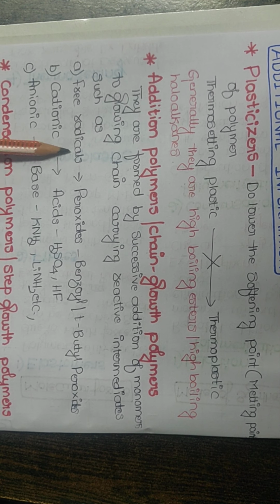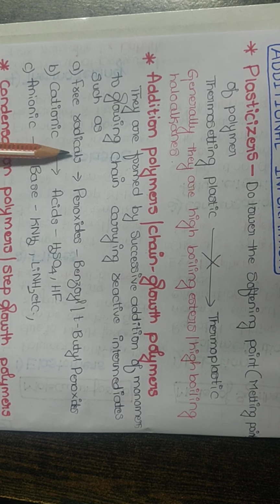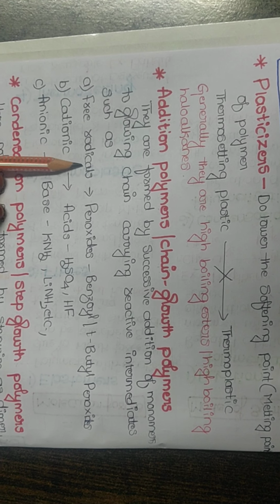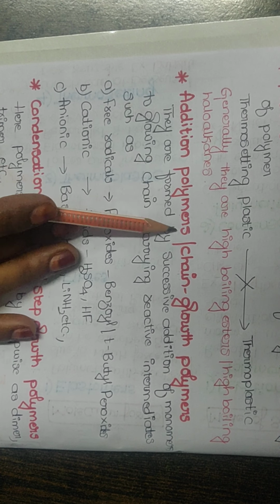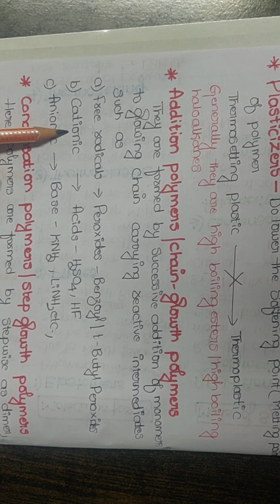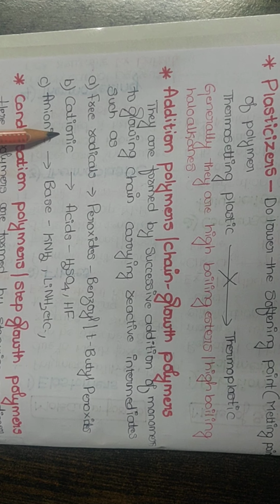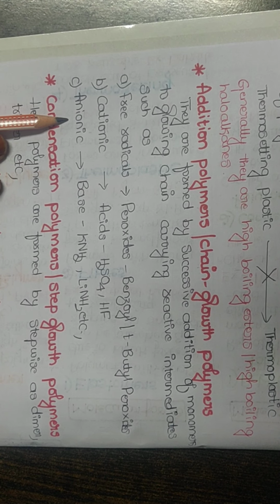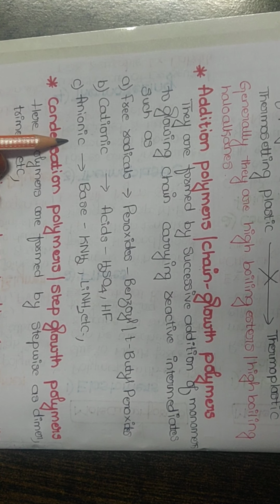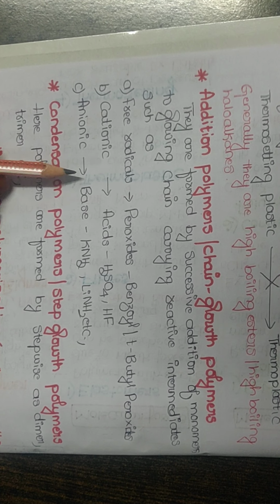your second year polymers theory chapter with a free radical mechanism. And you can also expect addition polymerization with the formation of carbocation as an intermediate. And not only carbocation, you can also expect carbanions as intermediates.